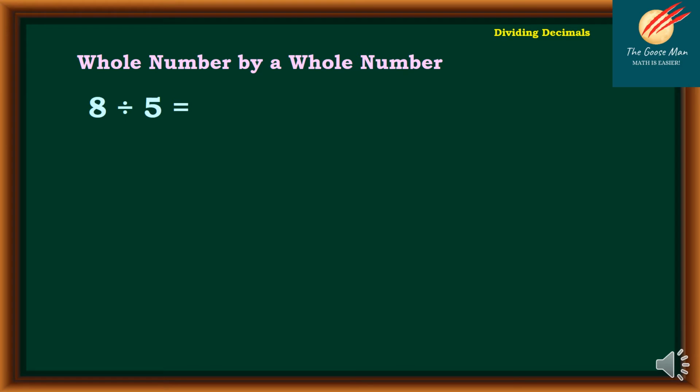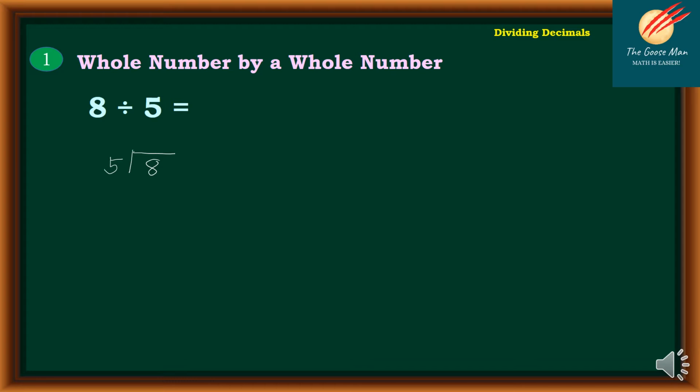So let's have case number one, which is a whole number by a whole number. So again, we have 8 divided by 5. What we're going to do is put 8 inside the division house. Our objective is to make our divisor 5 a whole number.